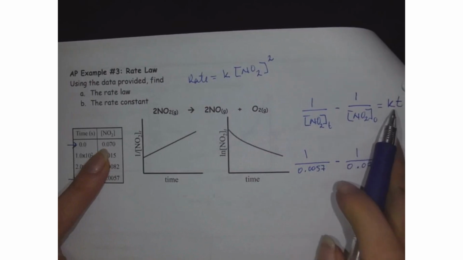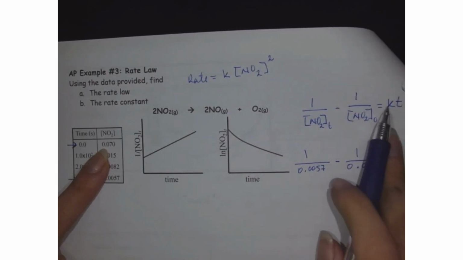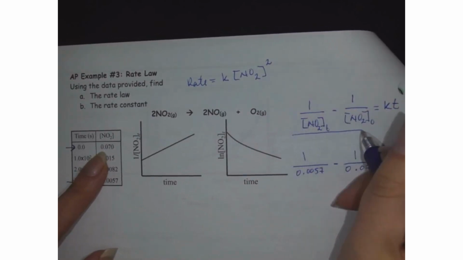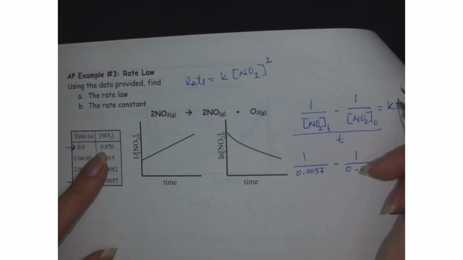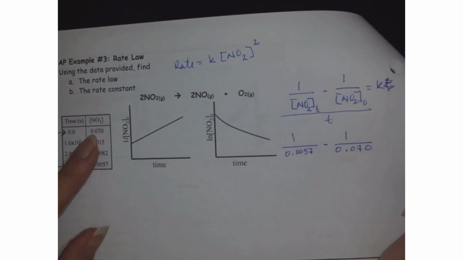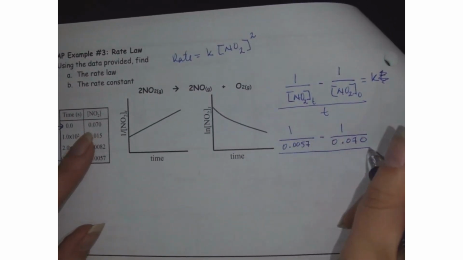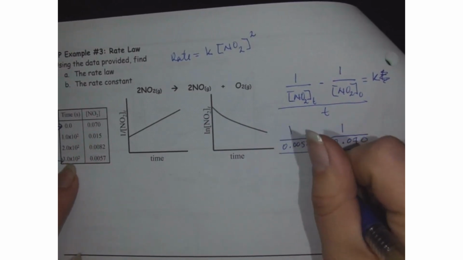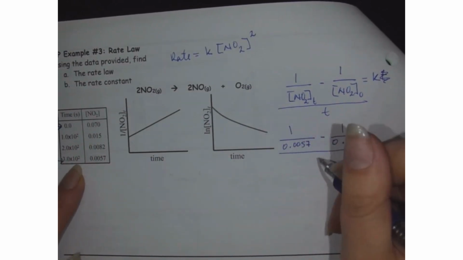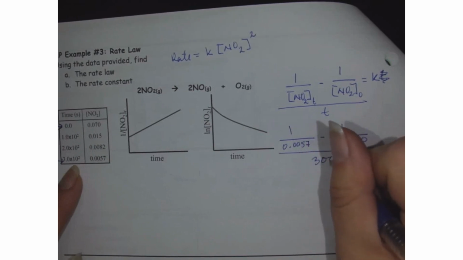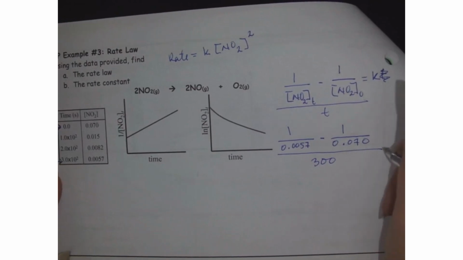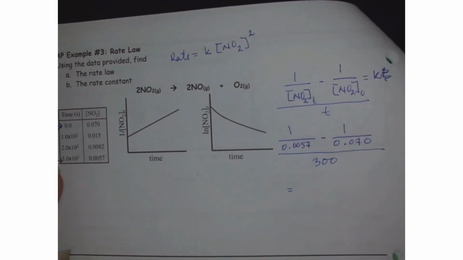But I'm not solving for K multiplied by T, I'm just solving for K. So how about I divide both sides by whatever this time is. So divide that by the time, which was 3 times 10 to the second, or 300, same thing, seconds. Great.